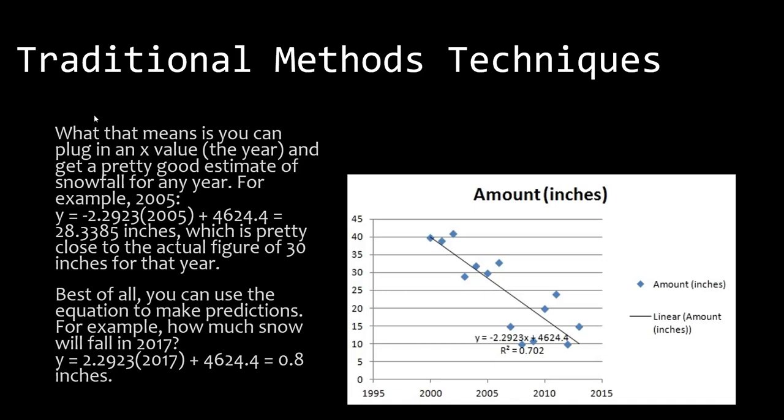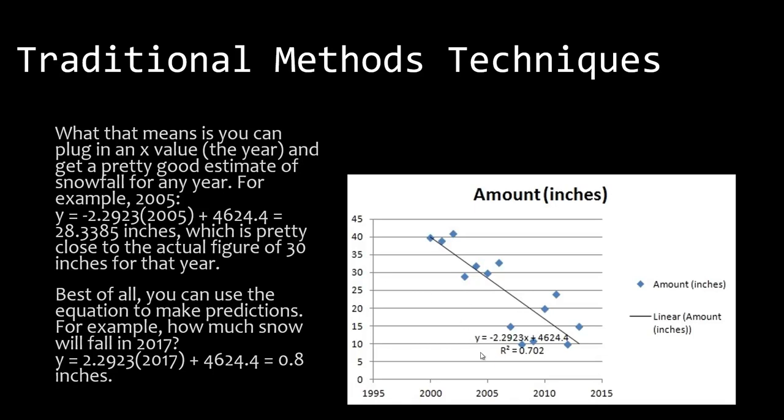It's determined this y variance, and we can actually plug in the year. It then gives us a number, 4624. You might ask where it comes from. Once again, it comes from the statistical method based upon all the previous data we had that will give us a pretty good indication of what we're actually seeing here. So you can literally plug in this stuff. So in 2005, using this formula, 28.3385 inches.